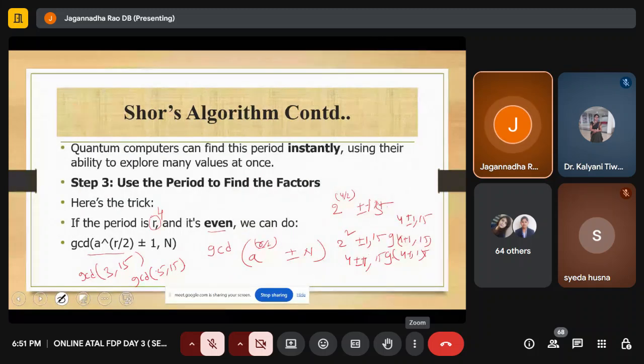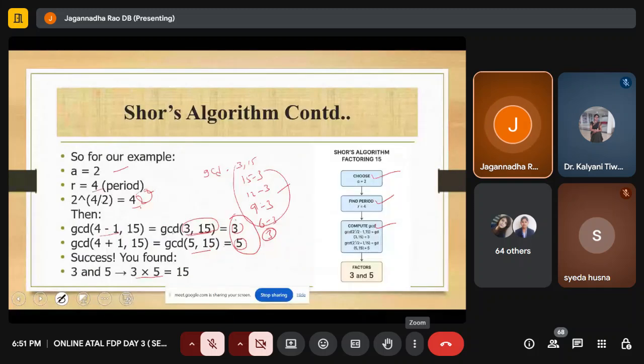Then you get two GCDs, one for 4 plus 1 and one for 4 minus 1, giving 3 and 5. The final output is 3 into 5 equals 15. See how simple it is. Assume the same for a large number, for example 2048 bits. You choose any value a, and we follow the same scenario again.